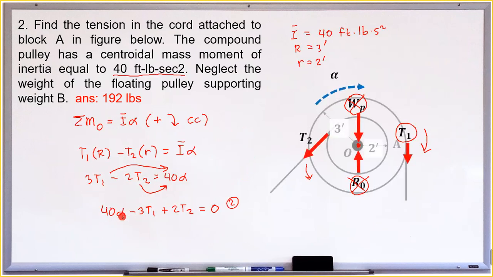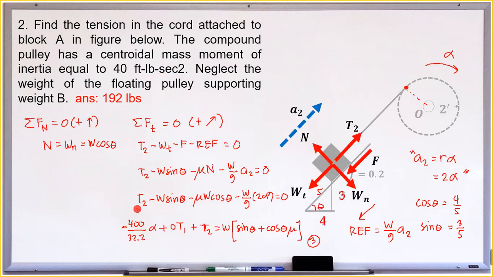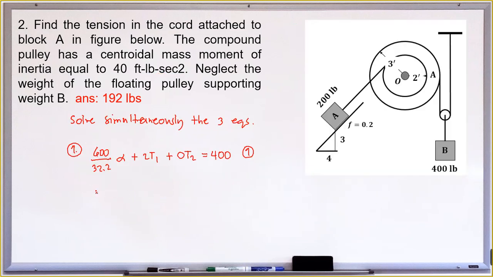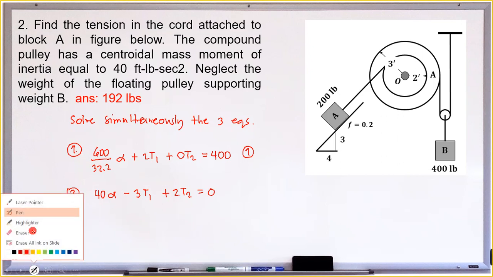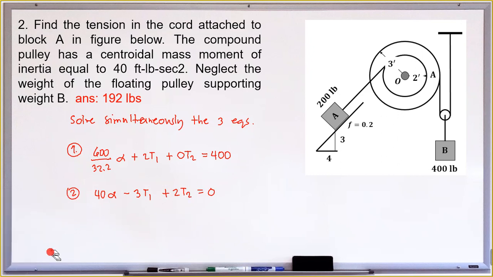Second equation: 40 alpha minus 3T1 plus 2T2 equals 0.